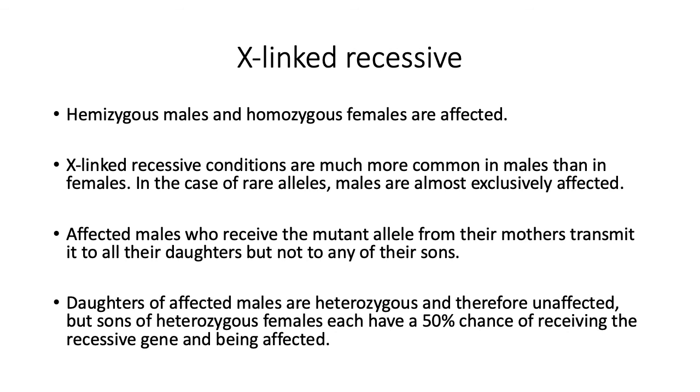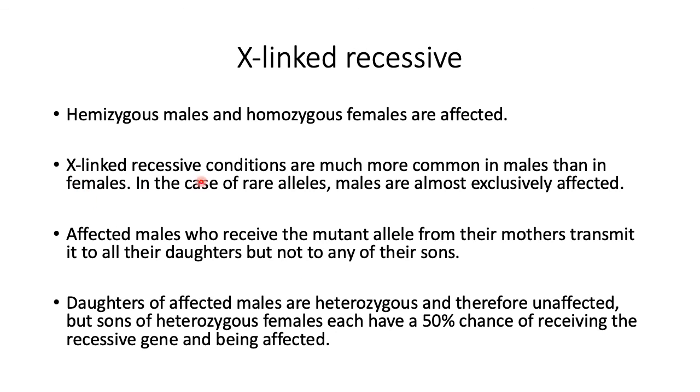But as a male, if the mom, let's say, is homozygous recessive, the males will always be affected. And nothing can come from the dad, because the dad does not pass on any X chromosomes to the son. The dad can only pass on a Y chromosome to the son.